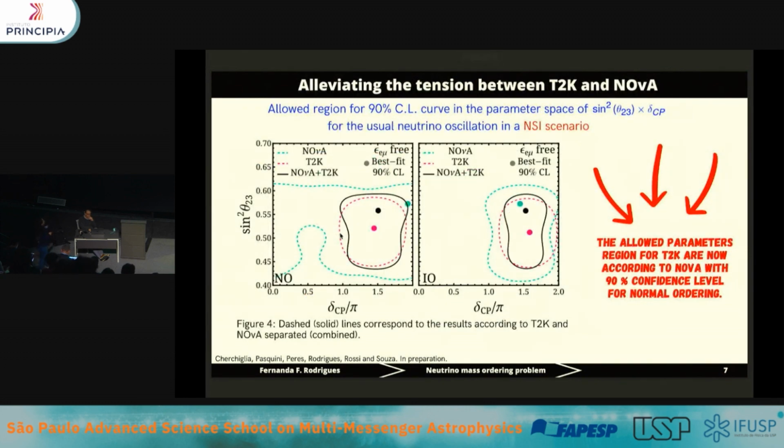And again, in the second plot, now we can see that the curve for the allowed region for the NOvA experiment has changed. And so now the best fit for T2K is in accordance with NOvA at 90% confidence level for the normal order.